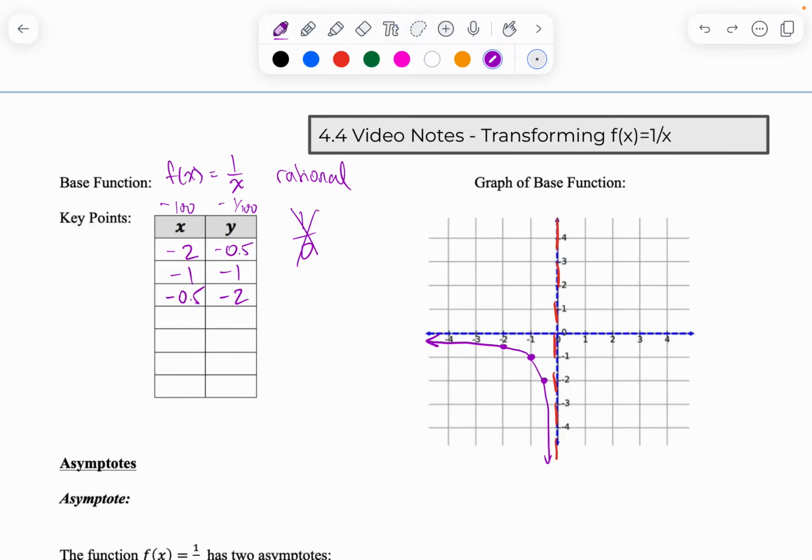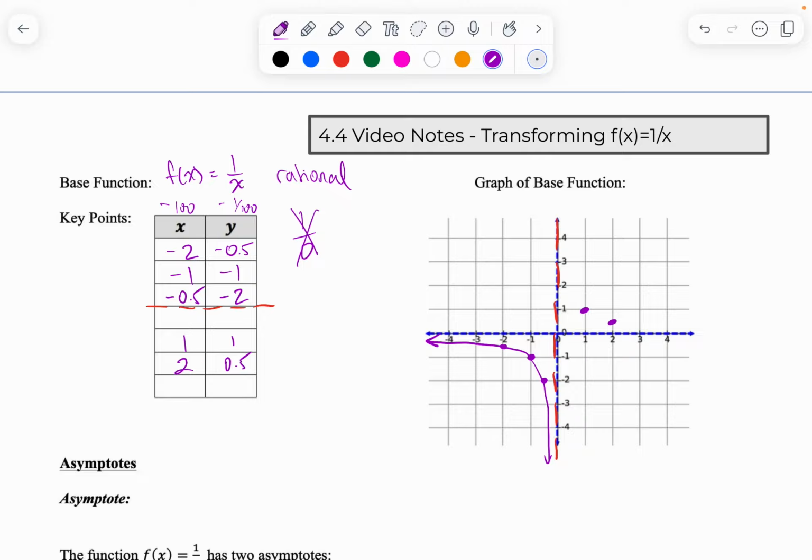Okay, now 0 we can't do, so there's our asymptote. Okay, so what happens after? Well, if I plug in 1, I get 1 divided by 1, which is 1, so I get a point at 1, 1. When I plug in 2, I get 1 divided by 2, which is 0.5. So 2 is 0.5.